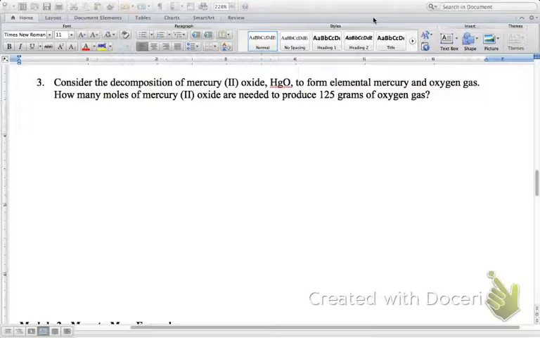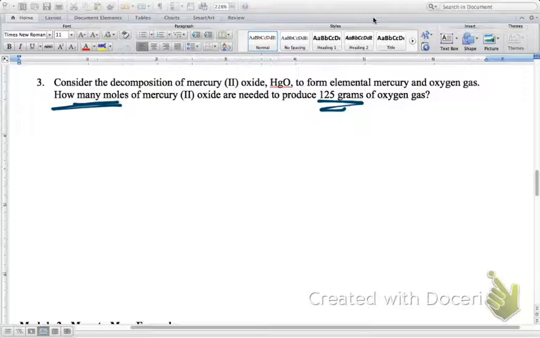Now, in problem number 3, you're actually going to see that we're going the opposite direction. This time, the quantity that we are given is a gram quantity, and we are asked to solve for how many moles, okay? So we're going to have to go in the reverse direction as what we were doing in the previous 2 problems, okay?